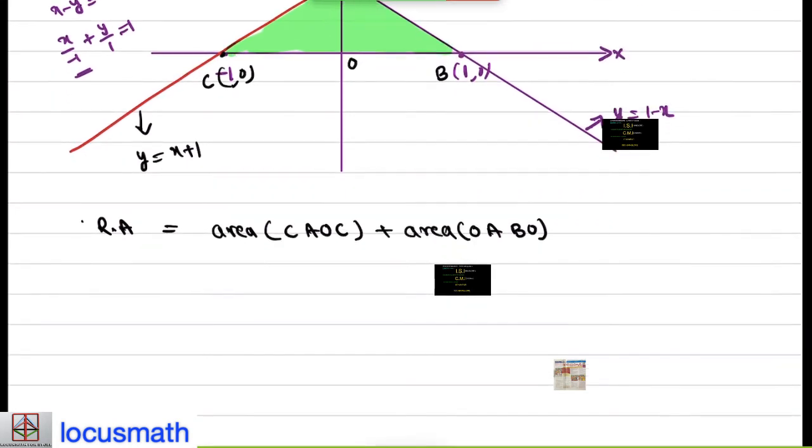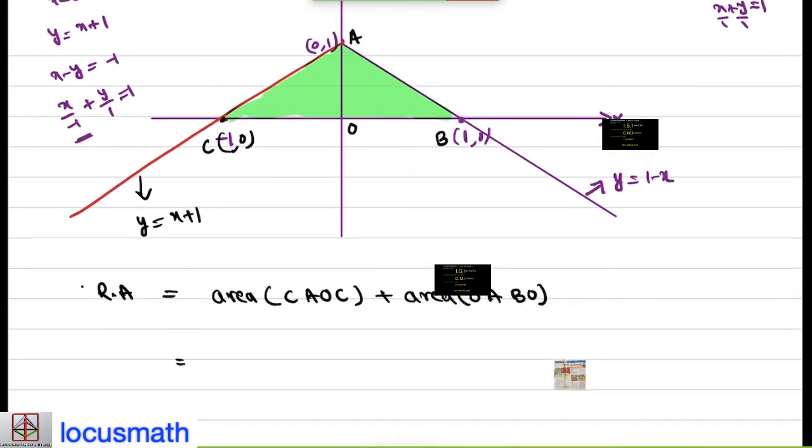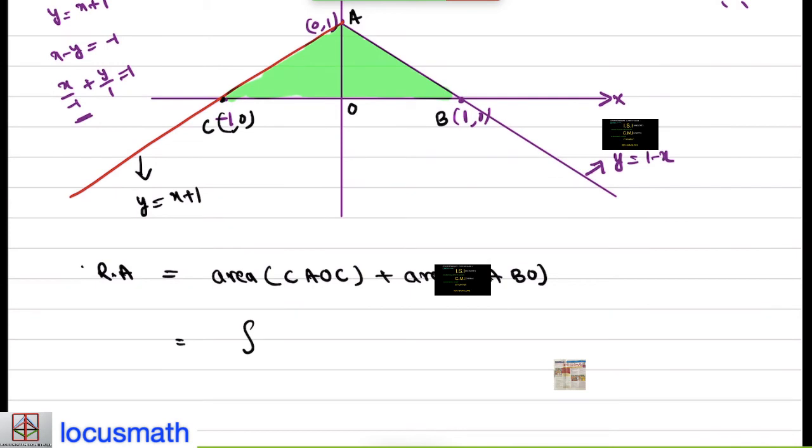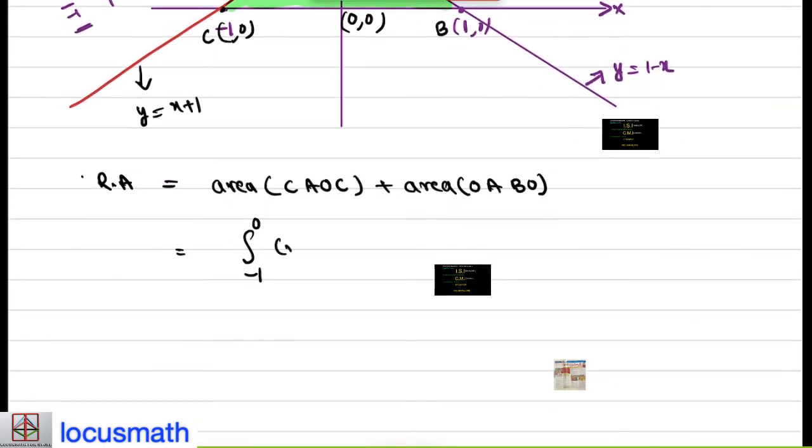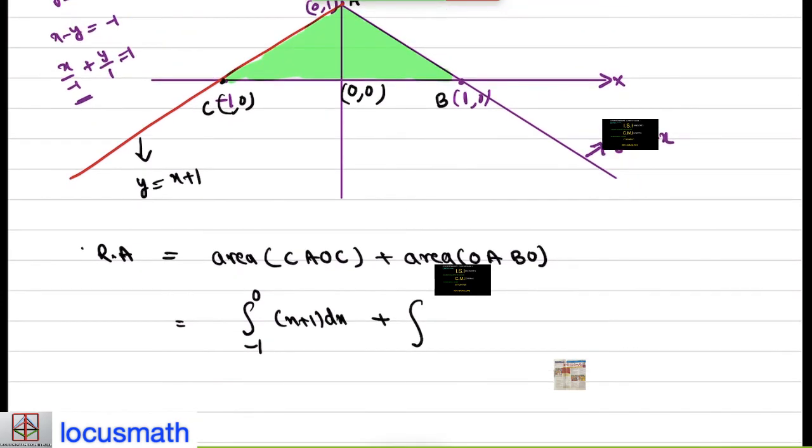So the required area is equal to the integral from minus 1 to 0 of x plus 1 dx, plus, for the second area, the integral from 0 to 1 of 1 minus x dx.